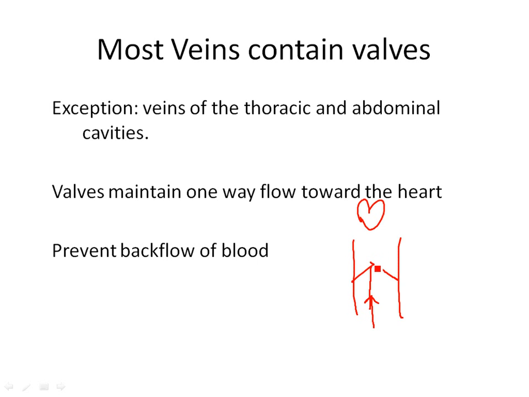But once blood passes that flap, it'll reach another valve up here, and if for some reason it wants to come back down, whether it's due to gravity or you've had your legs dangling and there's not a whole lot of circulation going on, that blood will try to push back down, and when it hits that valve, it can't open it backwards. So that prevents backward flow. Instead, it bounces off that valve and gets pushed back up. So the valves maintain that one-way flow, and they prevent backflow, so you don't want blood pooling.